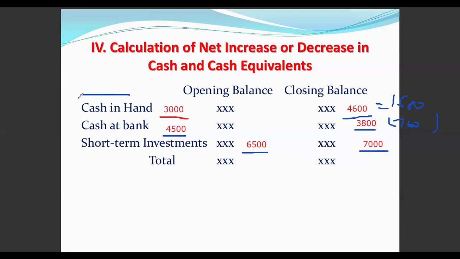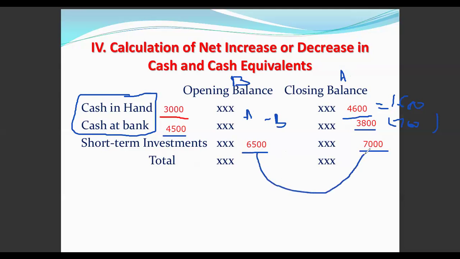For cash in hand and cash at bank, it was plain deduction, A minus B, where A is the closing balance and B is the opening balance. But in investments, when we shift from 6,500 to 7,000, it means 500 rupees we have spent to purchase more short-term investments.